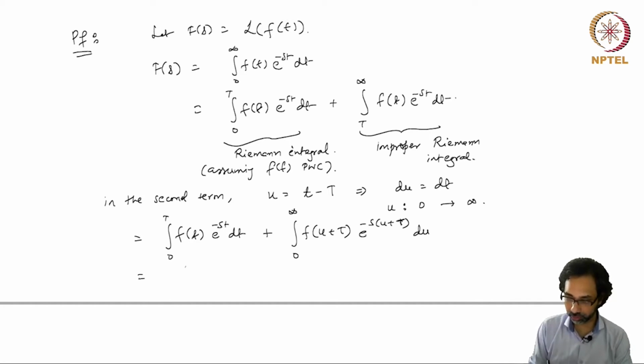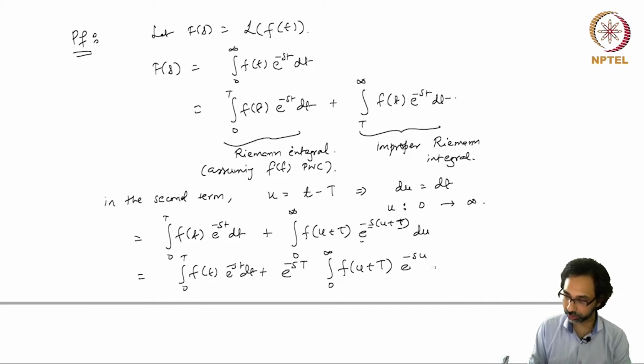So we can take out this term e to the minus sT outside the integral sign, and you are left with f(u + T) e to the minus su du, but we know that f is periodic, so this is equal to f(u).